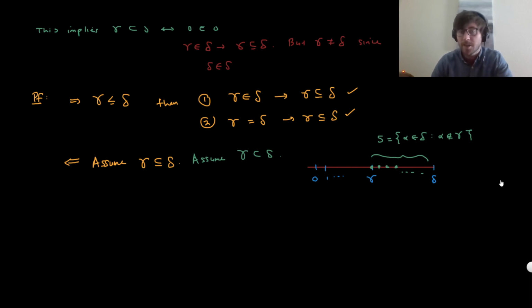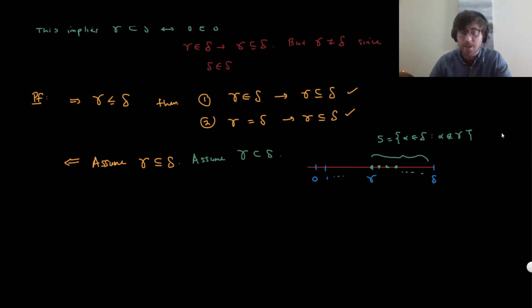This is a subset of delta, and delta is a well ordering, so it's going to have some least element, and that least element we're going to prove is equal to gamma. Why? Everything that's less than gamma, by definition, would be an element of it. So that's the intuition for what we're about to do.